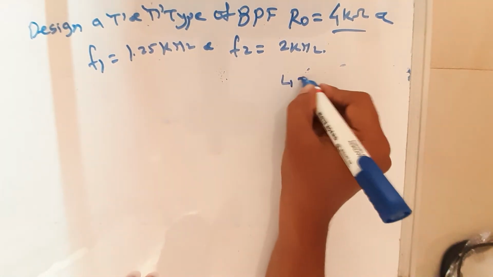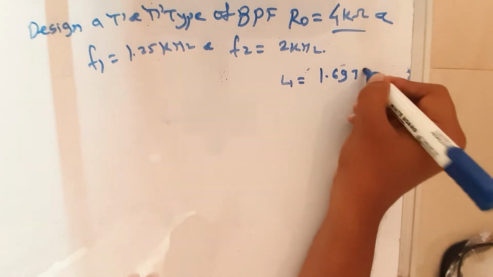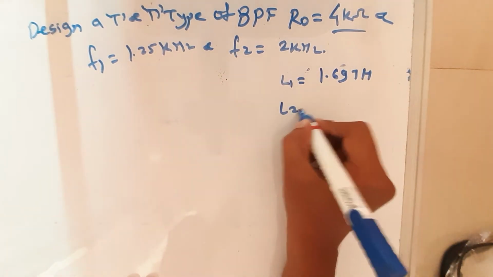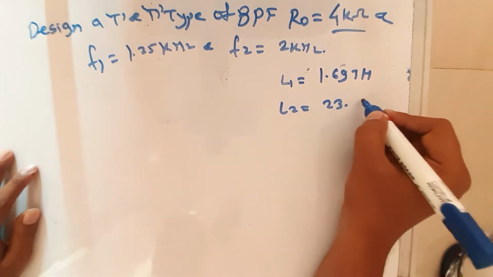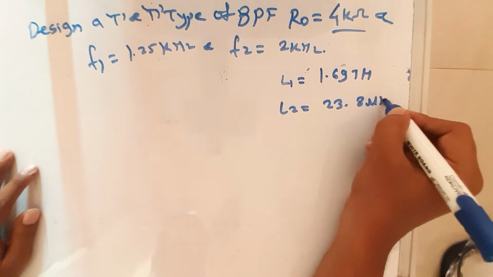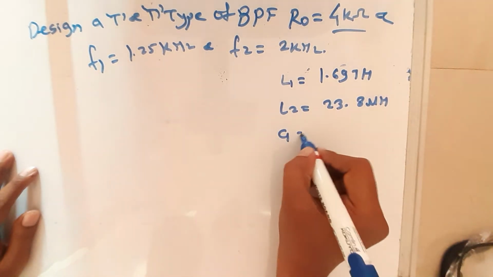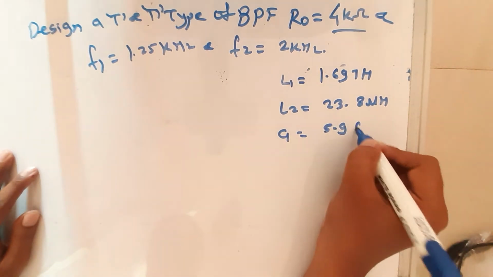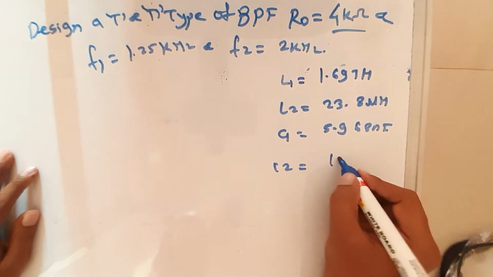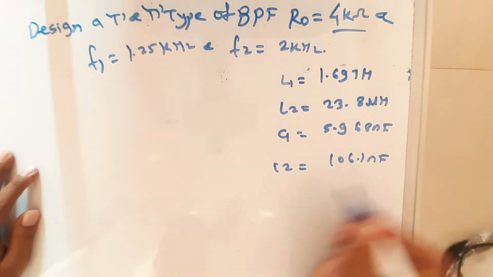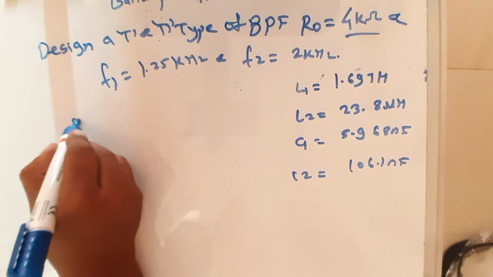Student will also solve this. L1 equal to 1.697 Henry, L2 equal to 29.38 microhenry, then C1 equal to 5.968 nanofarad and C2 equal to 106.1 nanofarads. Okay, now we'll draw the T type of band pass filters.